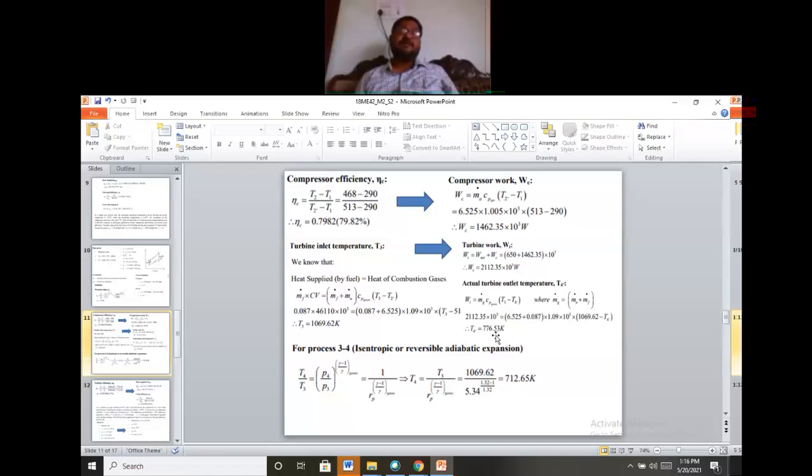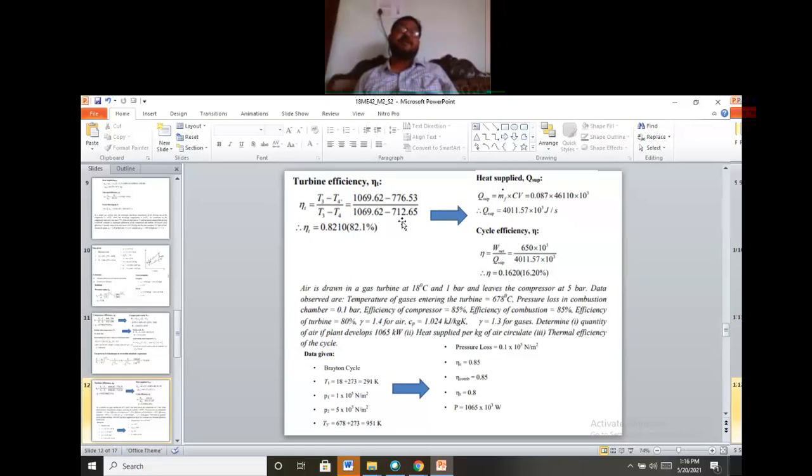For process 3 to 4, isentropic or reversible adiabatic expansion, T4 by T3 is equal to P4 by P3 raised to the power of gamma minus 1 by gamma, which is 1 by rp to the power of gamma minus 1 by gamma. So T4 is equal to T3 by rp to the power of gamma minus 1 by gamma. You substitute all things and you get T4 equal to 712.65 Kelvin.